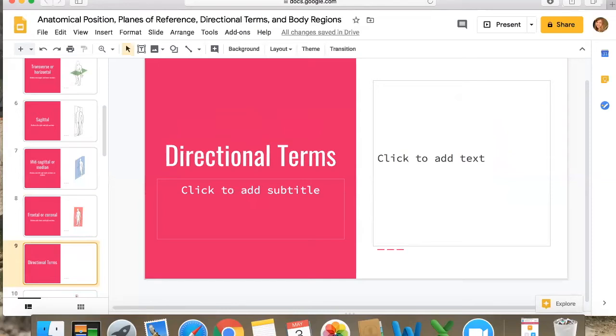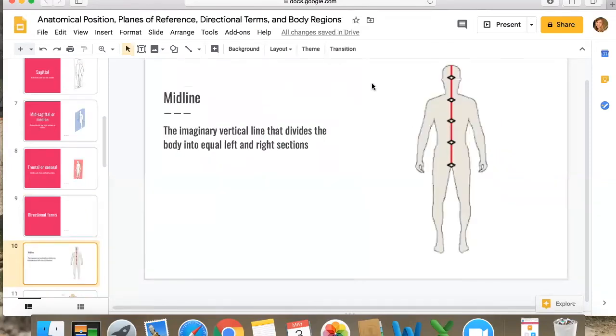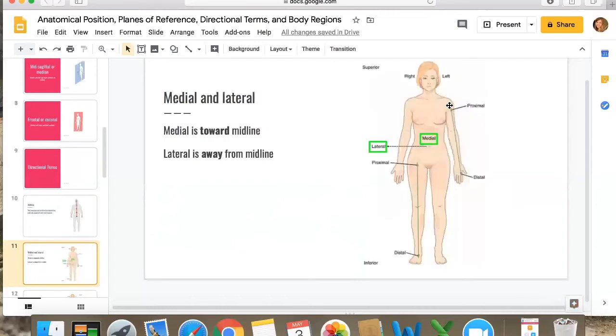Directional terms. I already mentioned midline, sorry to spoil it there for you. Midline is referring to that imaginary vertical line that's going straight down the middle of the body, dividing it into equal right and left portions. And then when we look at medial and lateral, this is going to take into account our knowledge of the median or midline here.